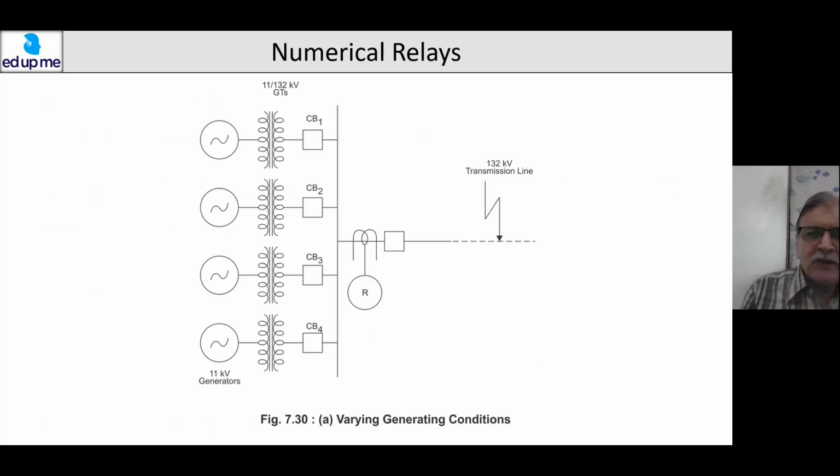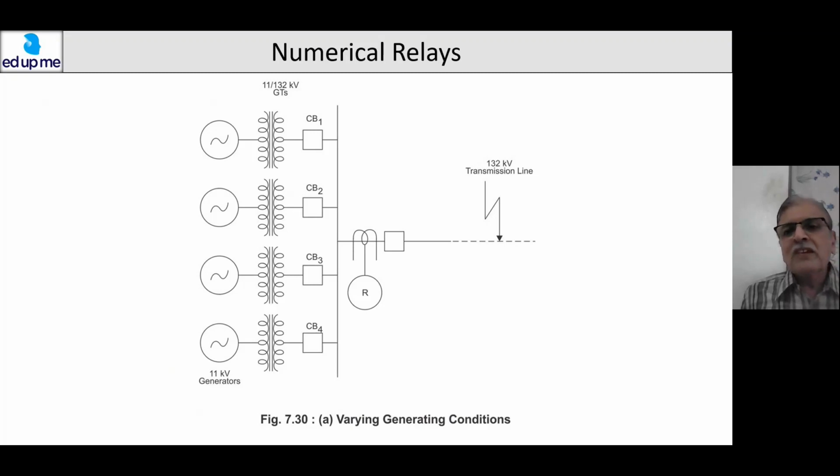To give a few examples, let us see a very simple one. Say on one bus there are 4 generators connected. The number of generators connected on the bus depends upon the load. Say one generator is made off to cater to the newer load demand, meaning the load has reduced, or say you had to make 2 generators off.